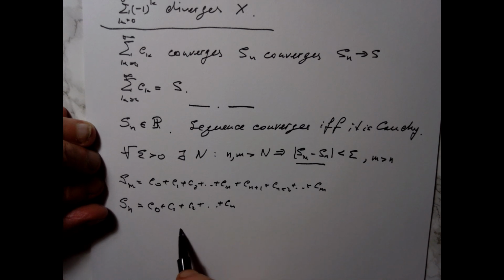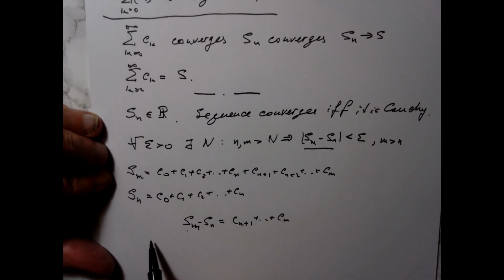So Sm minus Sn is equal to Cn+1 plus etc. plus Cm, the sum of Ck, k from n+1 to m. And what I would like to do is make sure that this converges to 0.